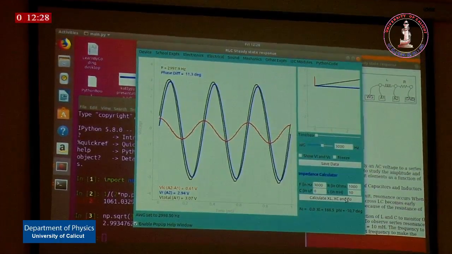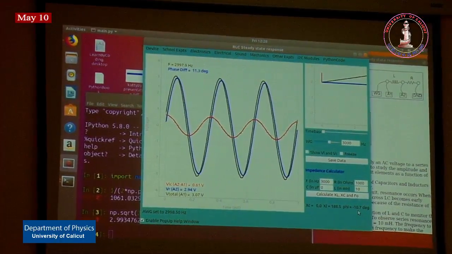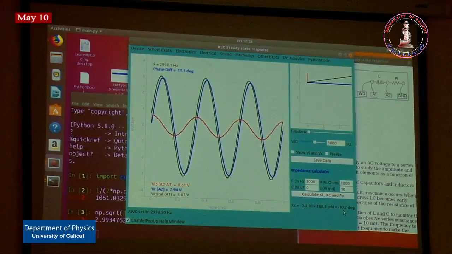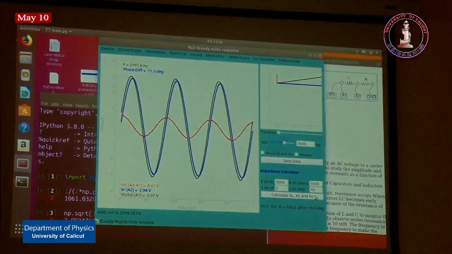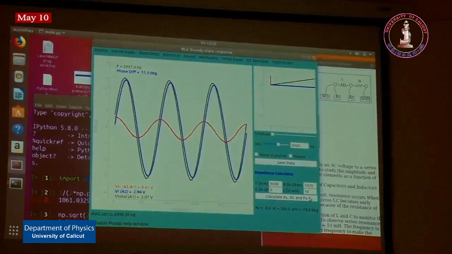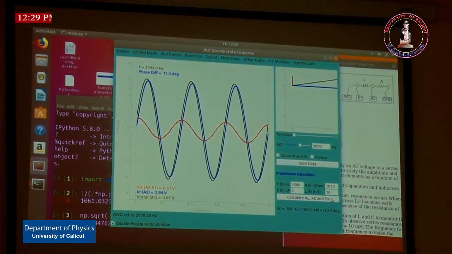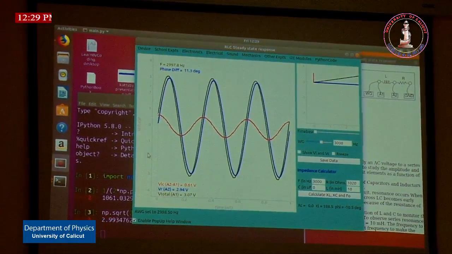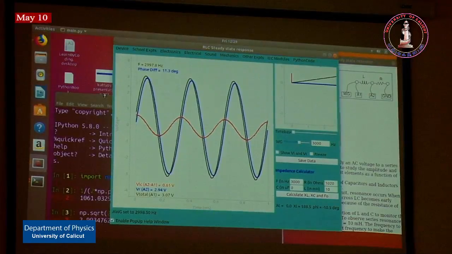Calculate. You get 10.7, but 11.3 is measured, because the resistance is not 1000, it is 1020, because of the 20 ohms of the inductor. So you have 11.3 and 10.5. Error is more. Okay, all of you got this?